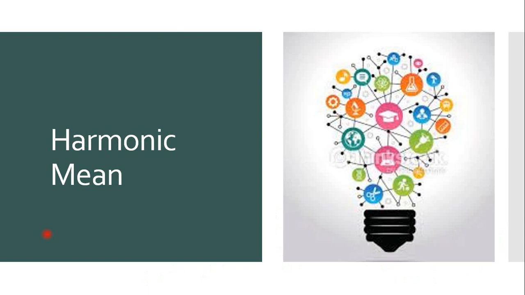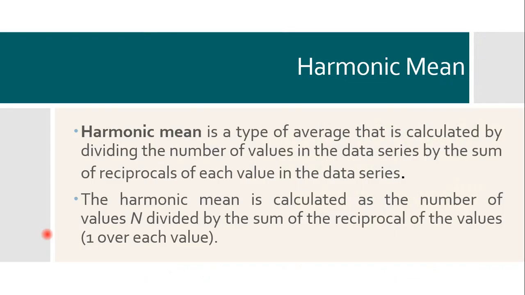The harmonic mean is a type of average that is calculated by dividing the number of values in the data series by the sum of the reciprocal of each value in the data series.